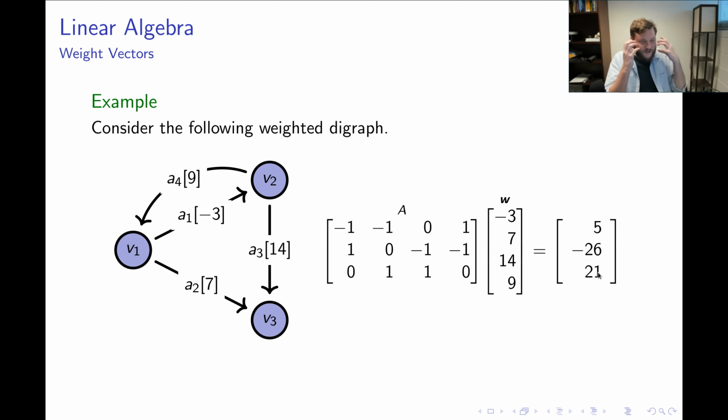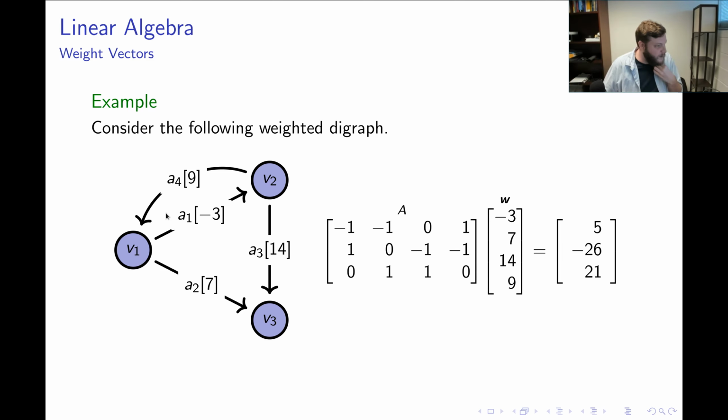Well, what is relevant about 3 in this particular situation? 3 is exactly the number of nodes in the directed graph. And if I look at the first node, maybe I might want to calculate the net flow. The net flow adds up all of the weights pointing to that node and then subtracts off all of the weights pointing away.